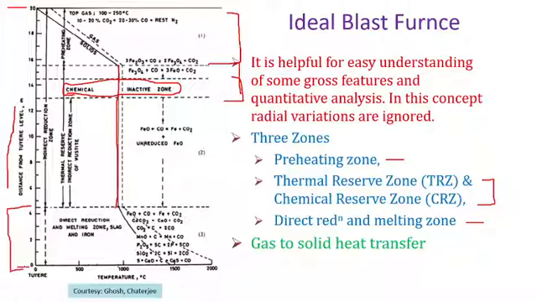It is also seen from the figure that the dotted line is always to the right of the solid line. That means the gas has higher temperature than the solid, which leads to gas to solid heat transfer. So these are the salient features of the ideal blast furnace.